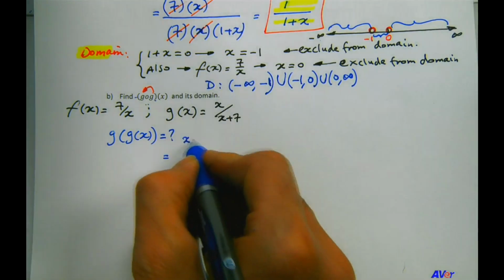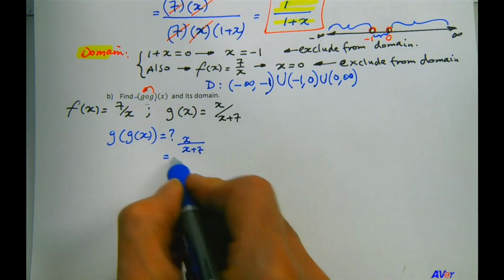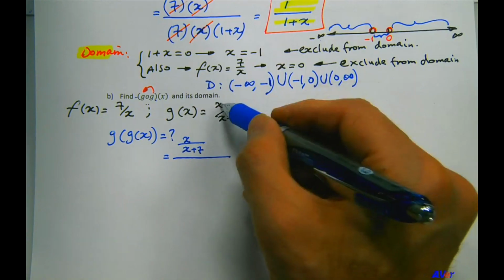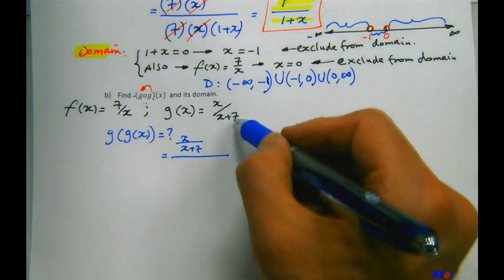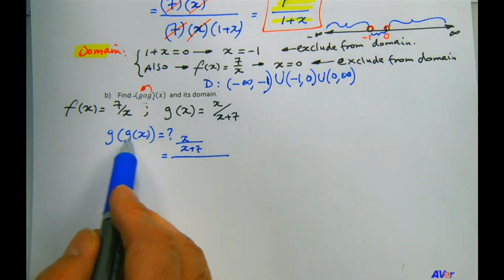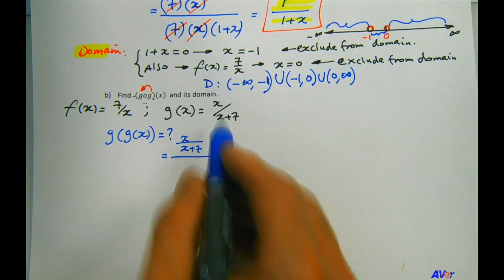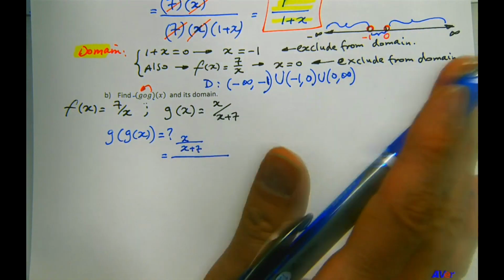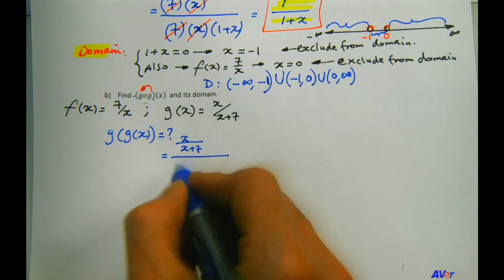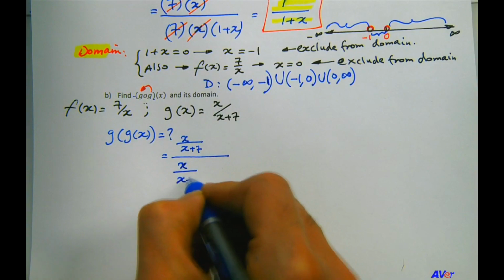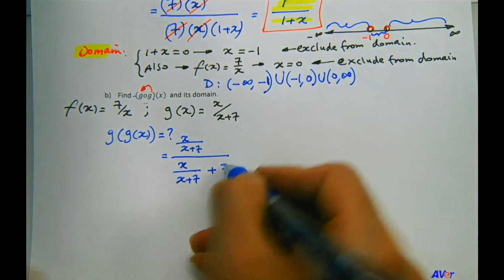So x divided by x plus 7, divided by. Notice x is gone. What has replaced it is all of G. That's what it means to replace G in G. I got to do the same thing in the denominator. So this x is going to go away, and it's going to get replaced by all of G. So x over x plus 7, and then of course plus 7.